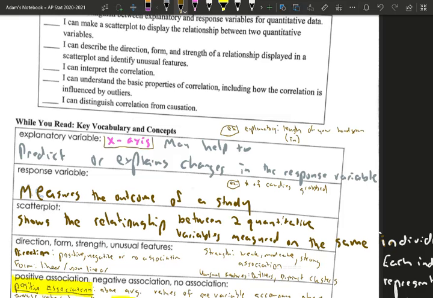Now, make sure we're talking about variables, right? So when you write down what the variable is, it's supposed to be something that can actually vary. There was an AP exam tip on page 153. For your explanatory variable, you wouldn't just say hand span.